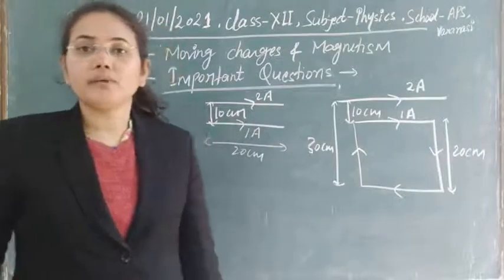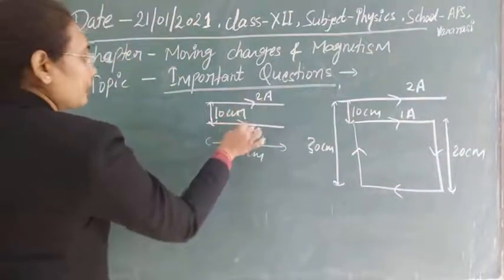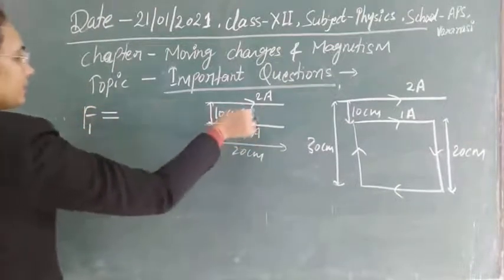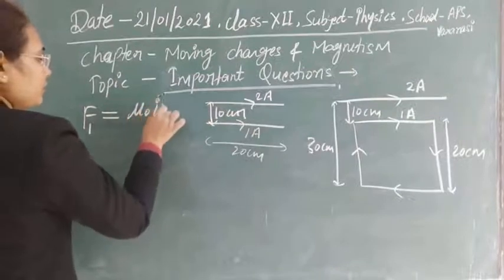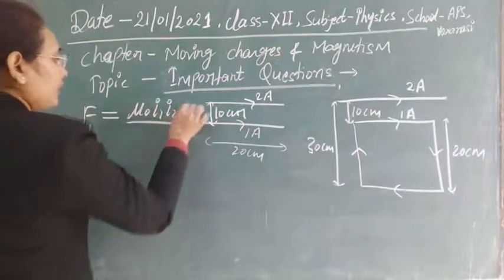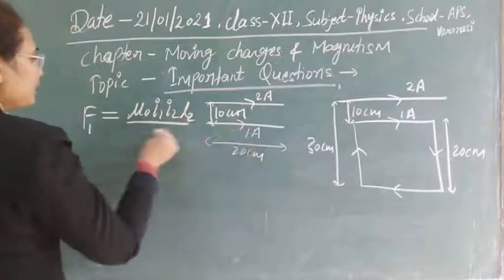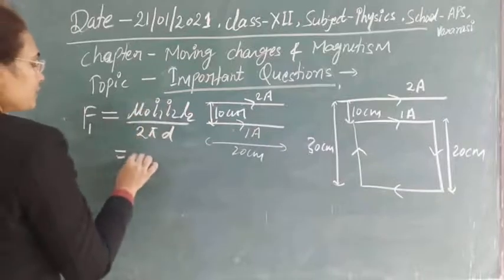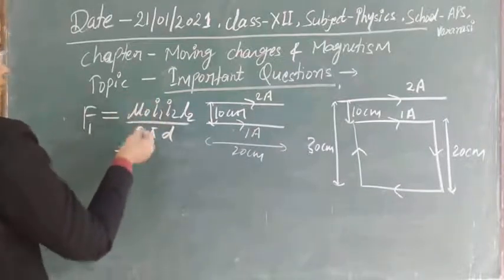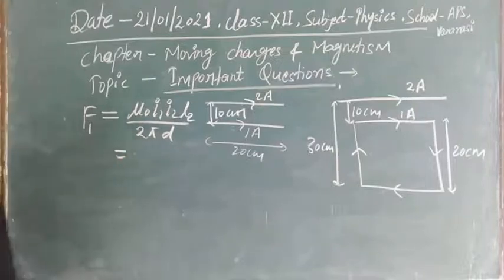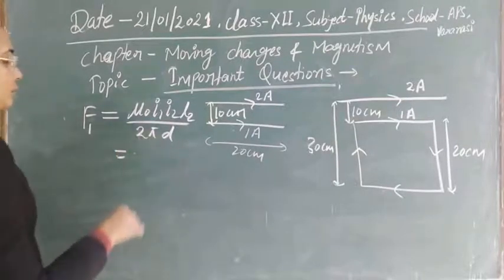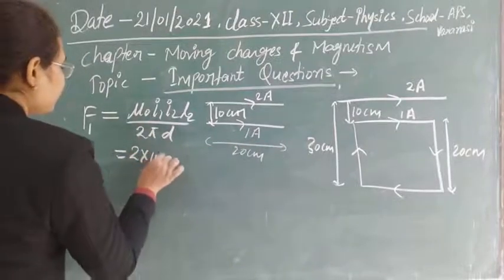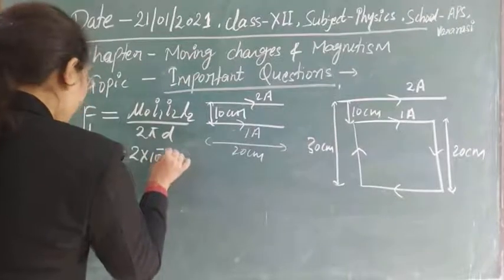Then we can find the value of the force due to this current carrying wire on this wire. Suppose this force is F1, so it will be equal to mu 0 I1 I2 L2 upon 2 pi D. Here, if you take mu 0 upon 4 pi, then just multiply and divide by 2, and the value will be equal to 2 into 10 to the power minus 7.